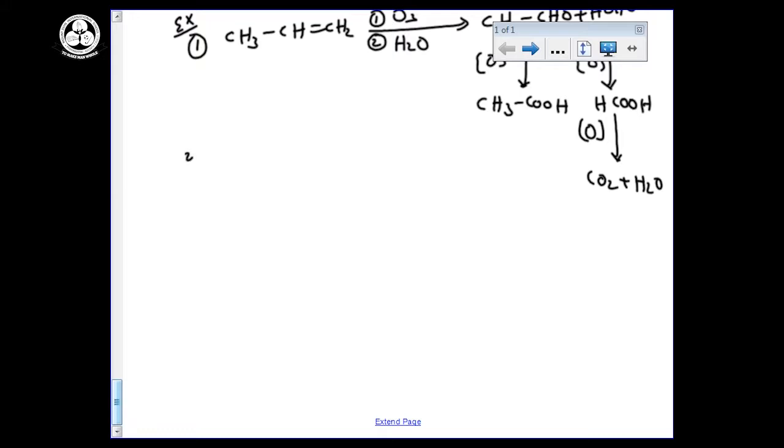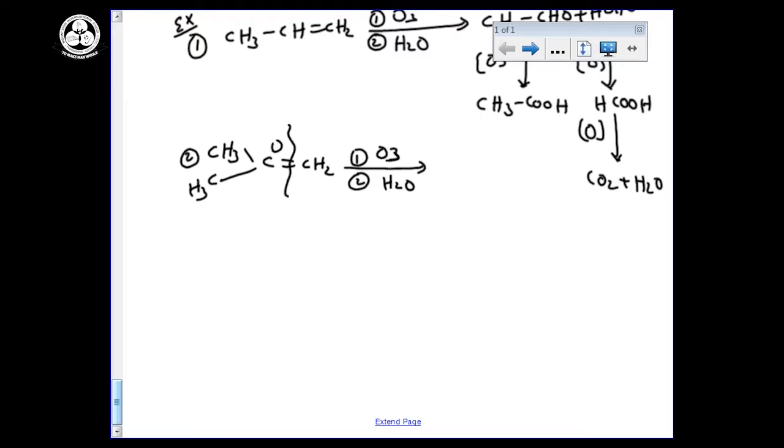The same with the second example: CH3 C CH3 double bond CH2, without zinc. Ozonolysis, and second one water. See the answer. As usual, break the bond here, oxygen here, oxygen here.